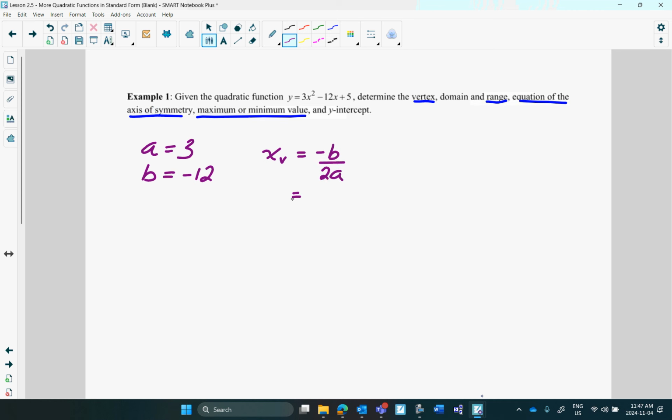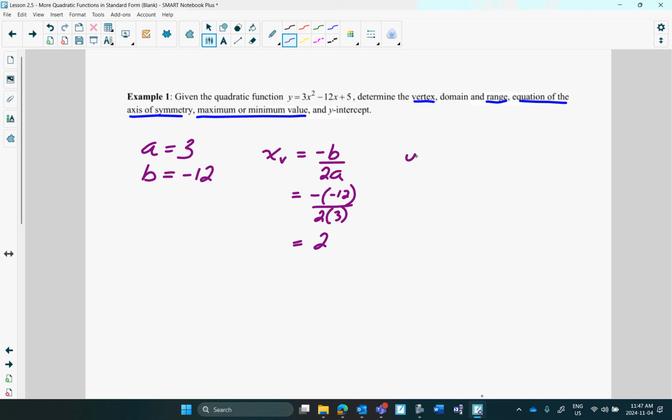That means -(-12) over 2 times 3, which works out to what? Yep, 2.